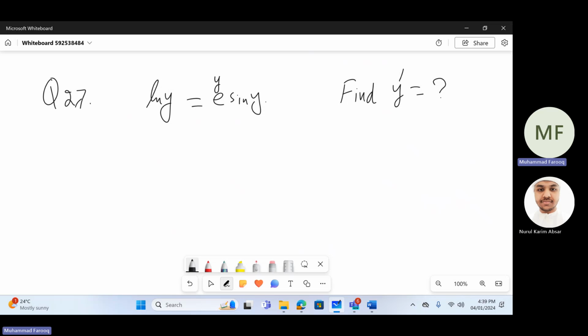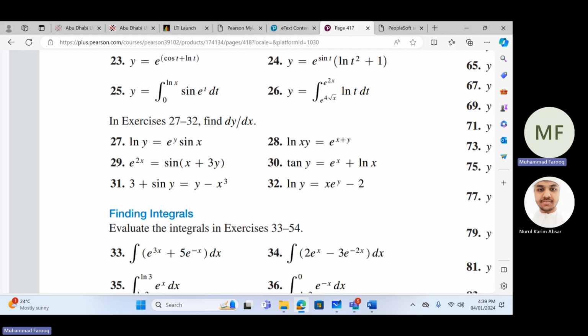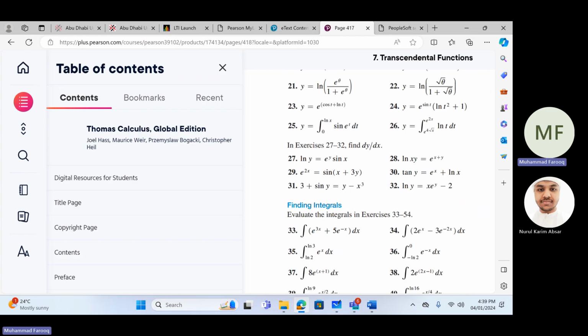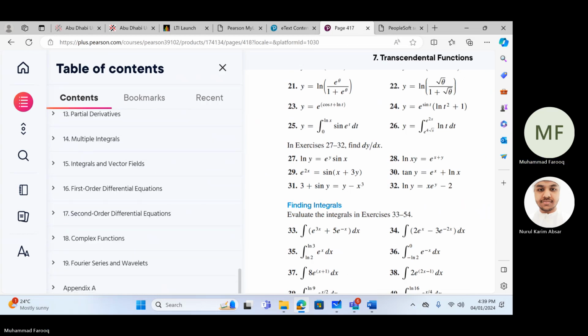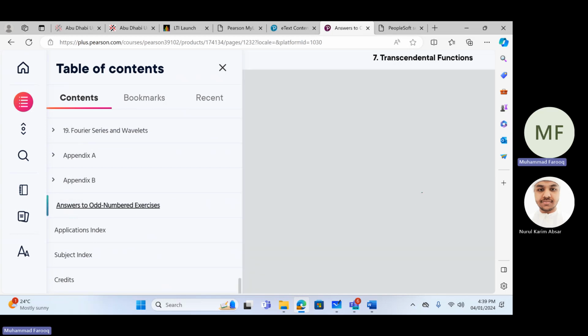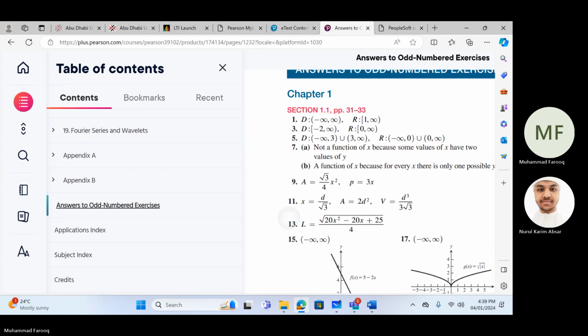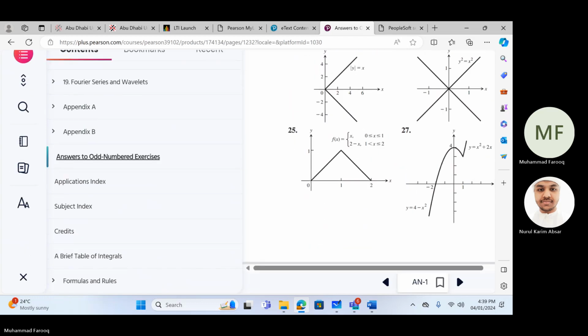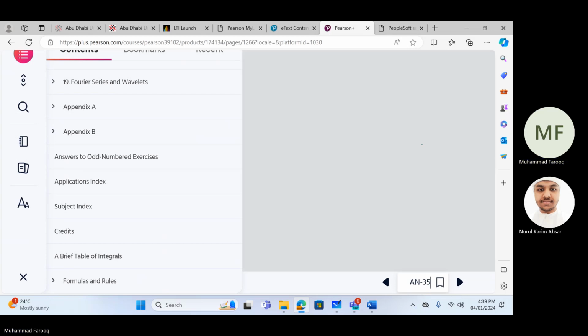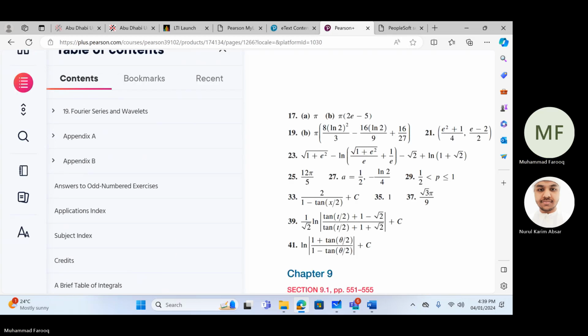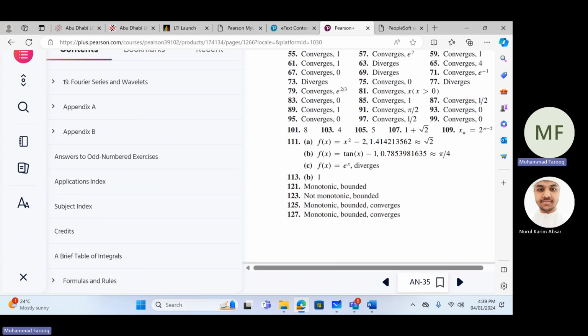Let's check the answer. We have the answer because this is an odd-numbered question, 27. We have chapter 7, the answers.